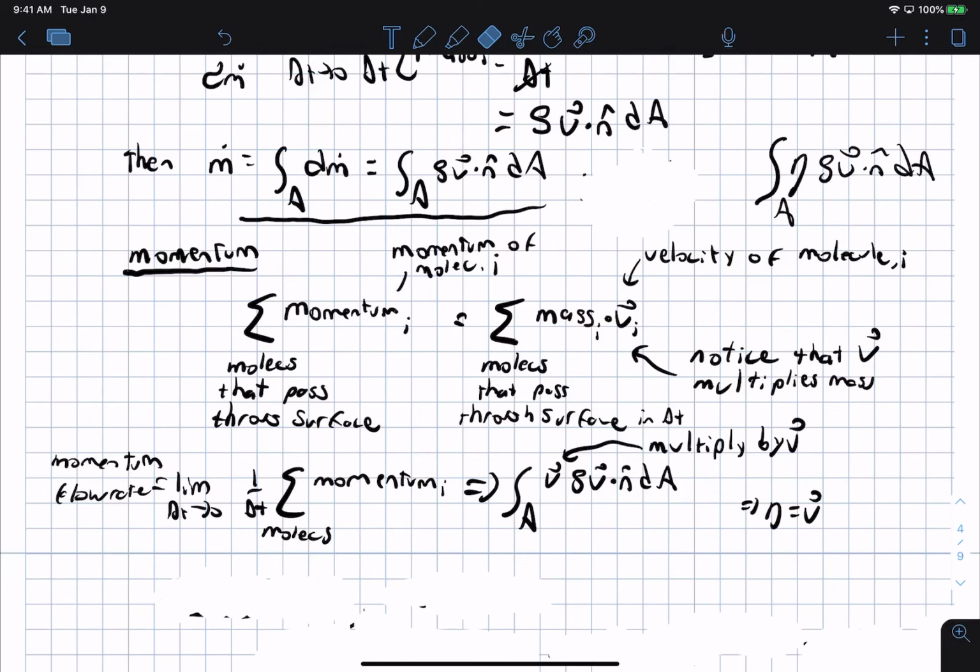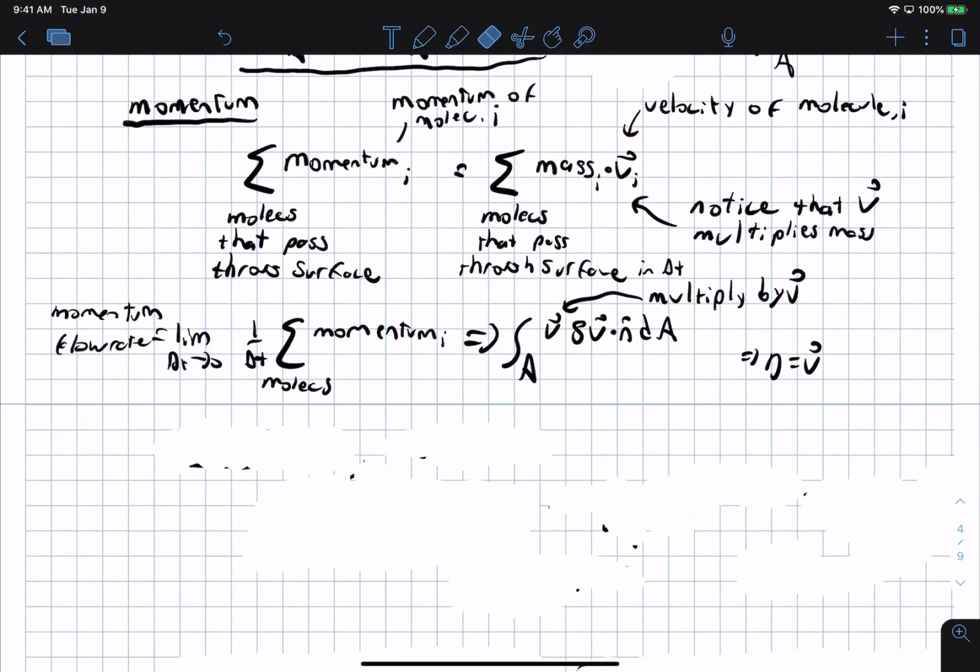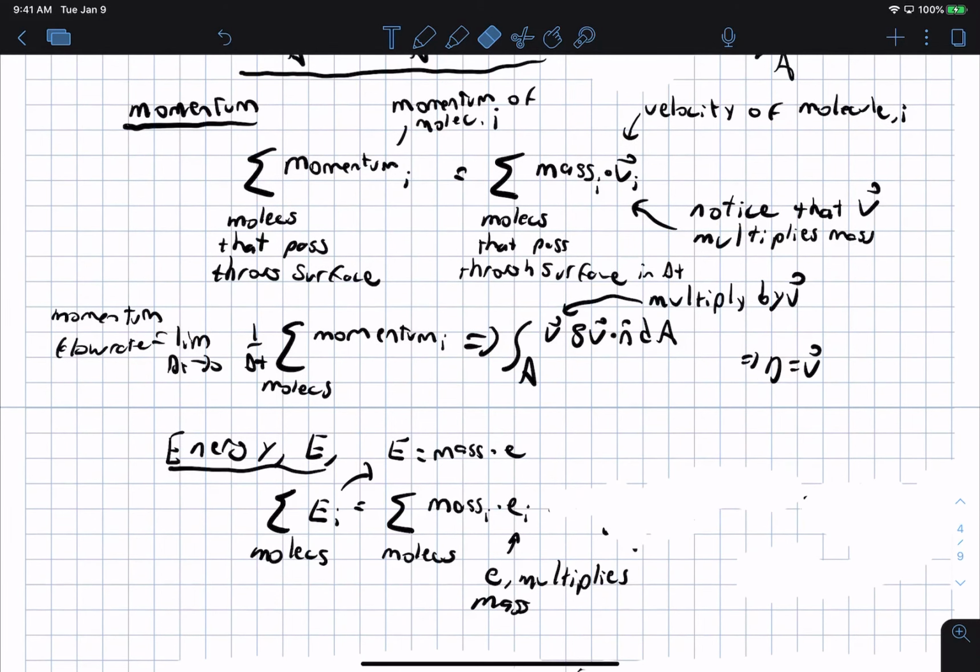And then you can do the exact same thing for the energy. Okay, and again, energy is just given by the mass of each molecule times its internal energy. It's really the kinetic energy. But then you basically do the same thing. You sum it over all the molecules. It will be the sum of all the mass times the internal energy. And notice that you have E multiplying mass. And I'm going to skip to the very end.